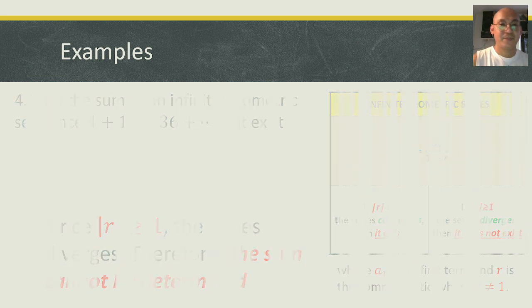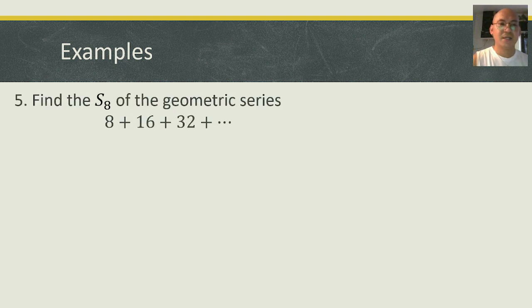Okay? Let us try another example. Find the sum of the series of 8 terms of the given geometric series 8 plus 16 plus 32. So let us have the given for the series of 8 terms, which we need to solve.